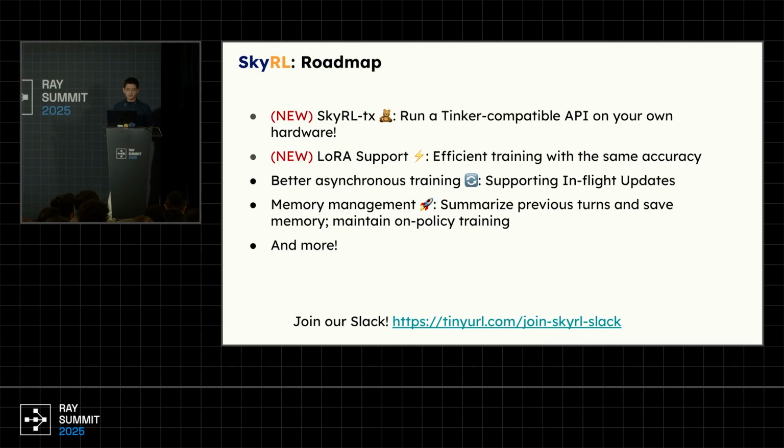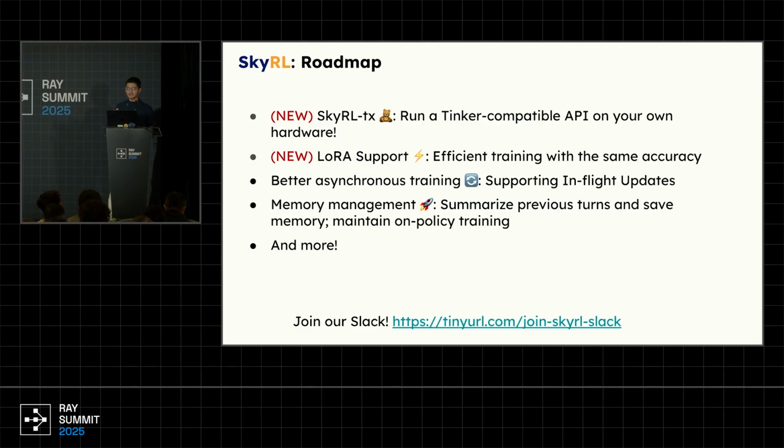Okay, now a final comment on our roadmap. Two recent features we've released. One is SkyRL TX. Some of you may have caught the talk we had yesterday, but SkyRL TX is a new library that allows you to run a Tinker-compatible API on your own hardware.